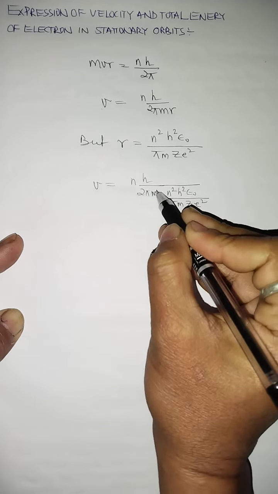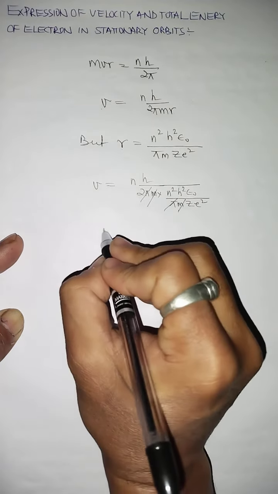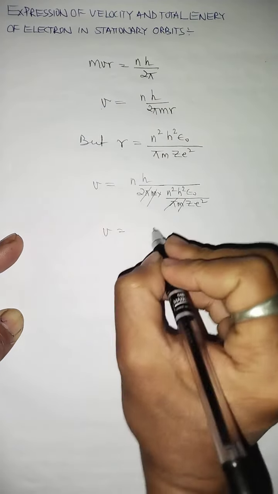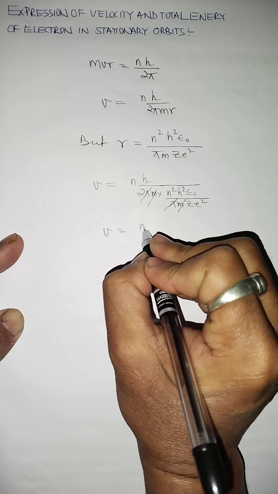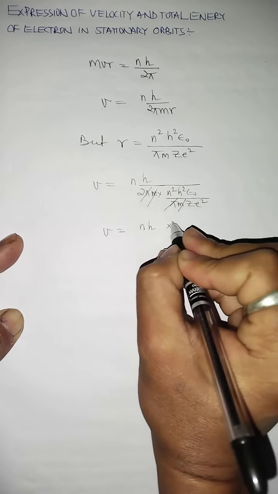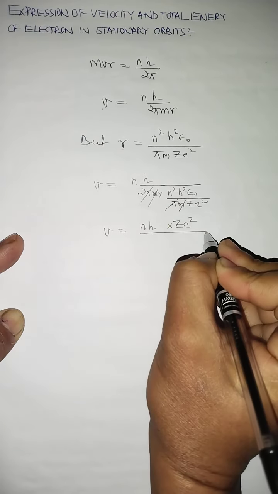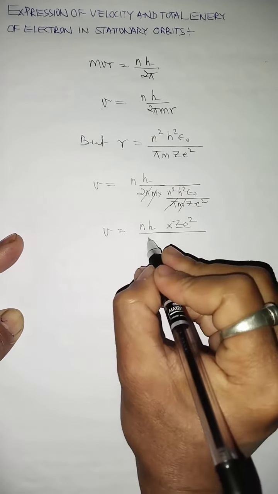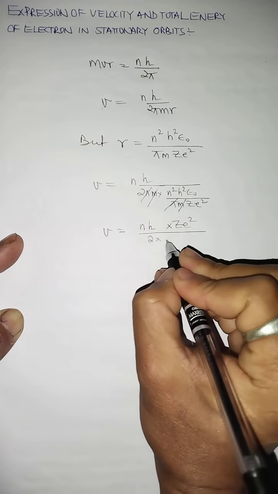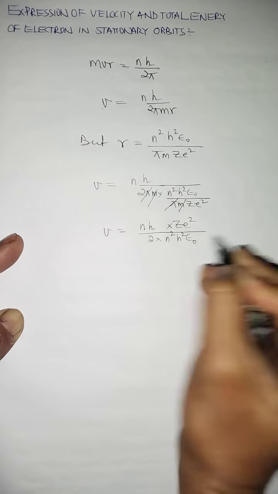Now this m and m cancel out, pi and pi also cancel out. So now what happened? This will be reciprocal, so I write nh into z e square will go in the numerator, it will be reciprocal. But in the denominator, what will remain? 2, n square is also there, h square is also there, and epsilon naught.